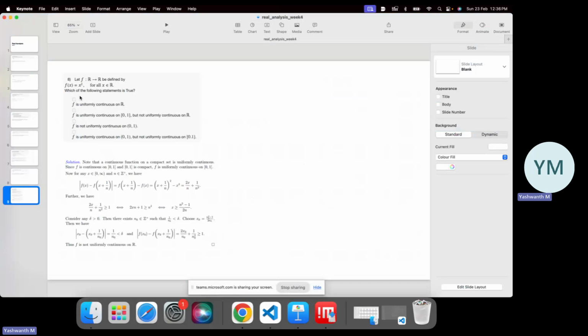So f is defined by the function f(x) = x squared. Which of the following is true? f is uniformly continuous on R, this is wrong. f is uniformly continuous on [0,1] but not uniformly continuous on R, this is true. f is not uniformly continuous on [0,1].